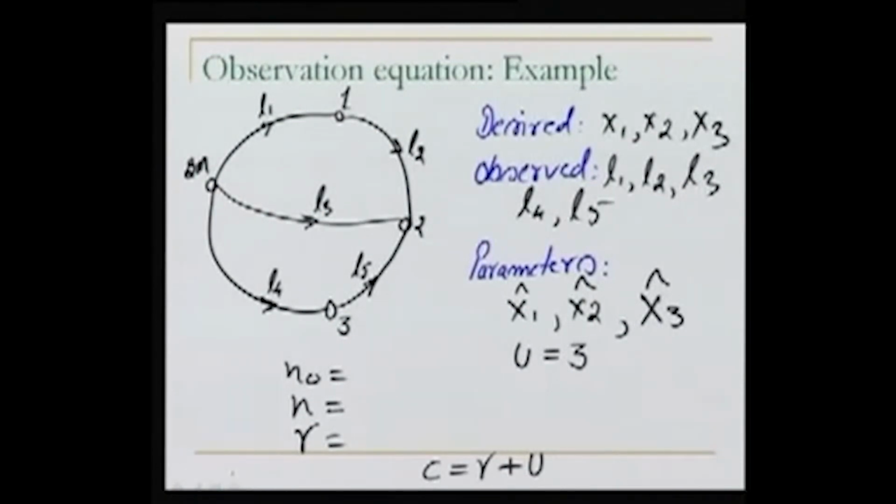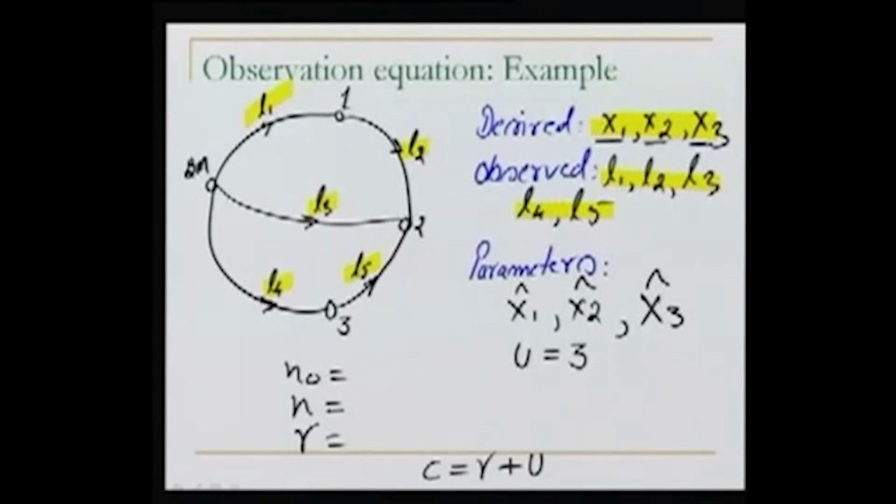Now we look at the same example which we had done earlier. In this example we know the desired quantities are x1, x2 and x3, and we have carried out the observations L1, L2, L3 and L4. These are the observations which have been carried out.